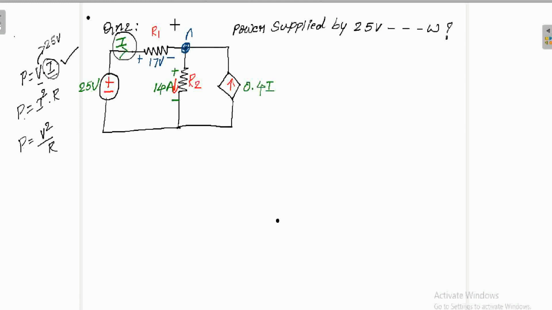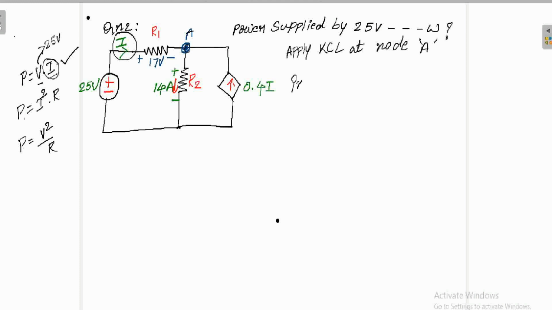Let us consider this is a point A, this is node A. Apply KCL at node A. What is the KCL?